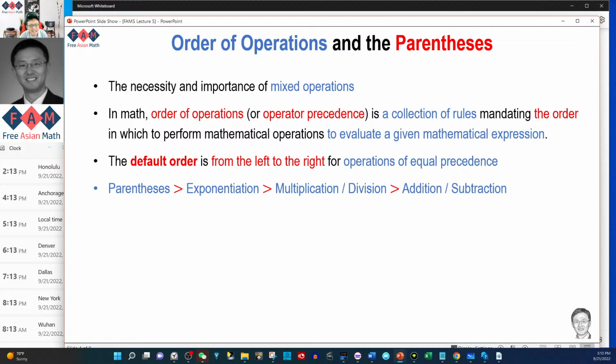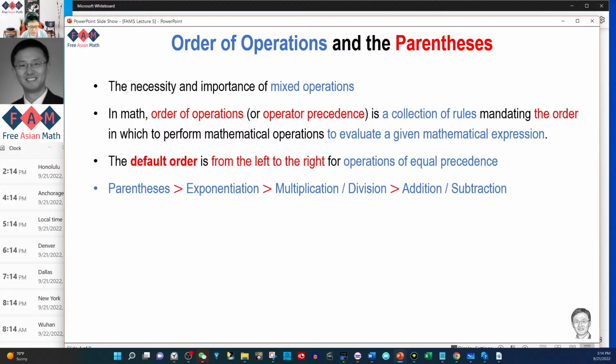And exponentiation is nothing but repeated multiplication. Because of this fact, which you will learn, it's not difficult to understand why we want multiplication to have a higher precedence over addition, and we want exponentiation to have higher precedence over multiplication.